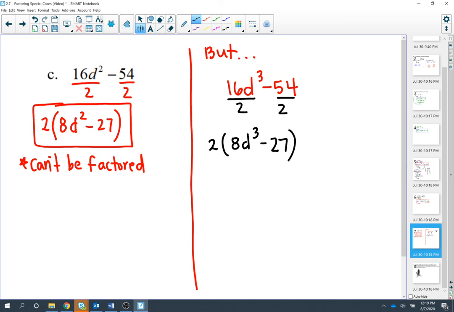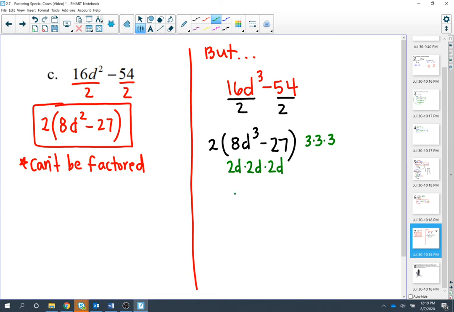Okay, well now I'm looking at it, it's definitely not squares anymore because it's not d squared, but what about cubes? So this 8d cubed would be 2d times 2d times 2d, and 27 would be 3 times 3 times 3, which means we could actually do cubes.